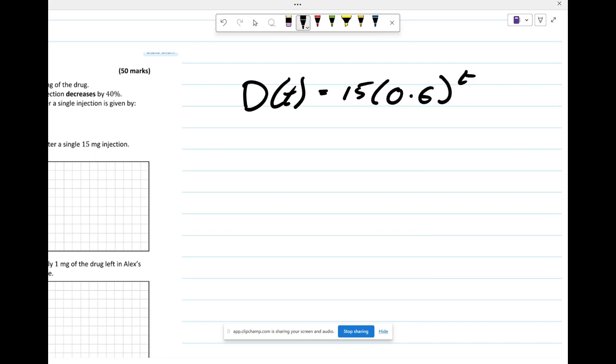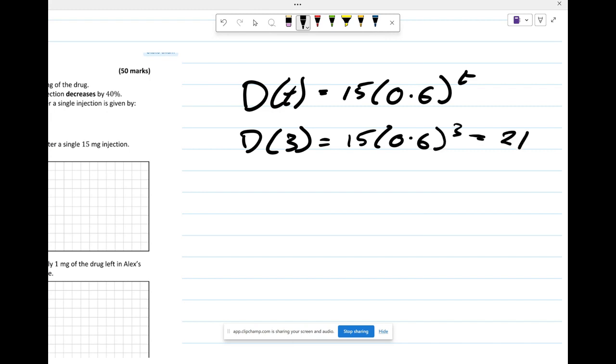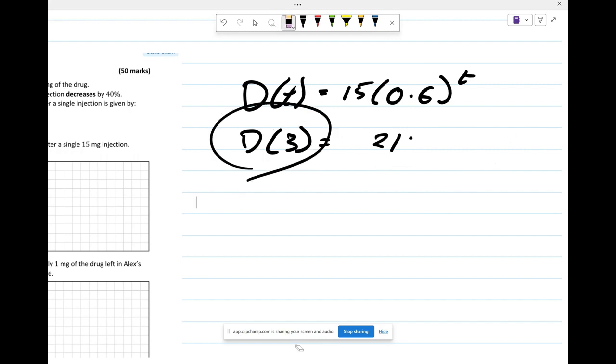That means that if we wanted 3 days after, we sub in 3 days for t, so that's 15 times 0.6 to the power of 3, and this will be just some number, pretend it's 21, and exact same thing. 21 is our output. So we subbed in 3, and we got an output of 21. Okay, great.